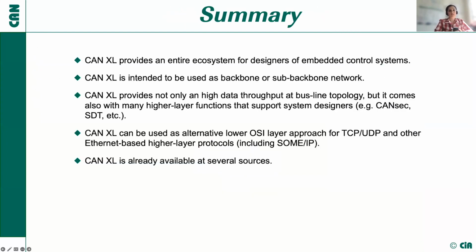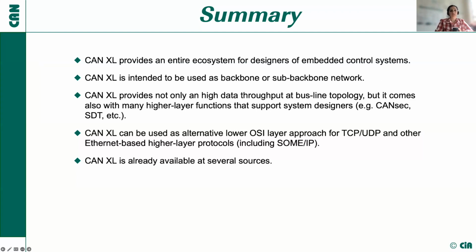So, as the summary, I can say that CAN XL provides an entire ecosystem for designers, and it is intended to be used as a backbone or sub-backbone network. It provides not only high data throughput in a line topology, but it also comes with many higher layer functions that support system designers, such as CANsec and SDT.